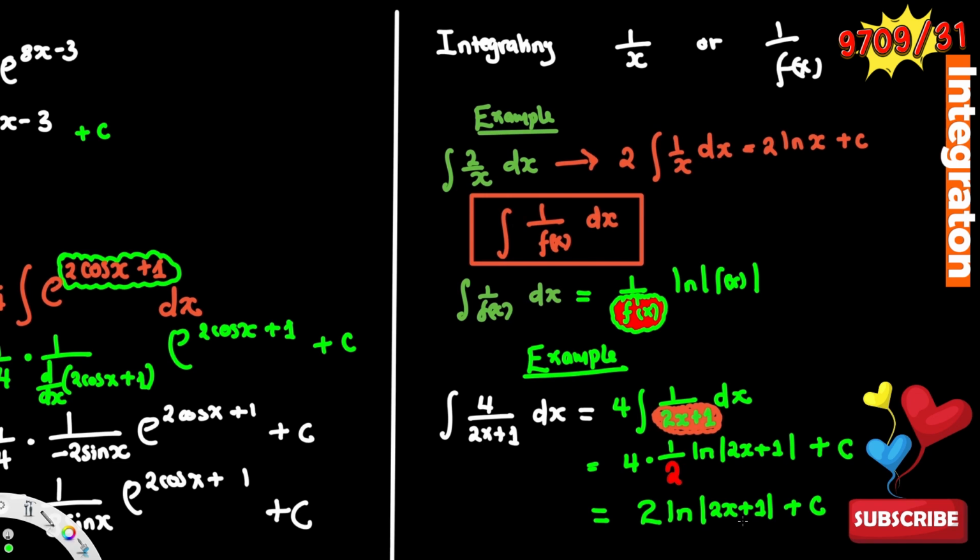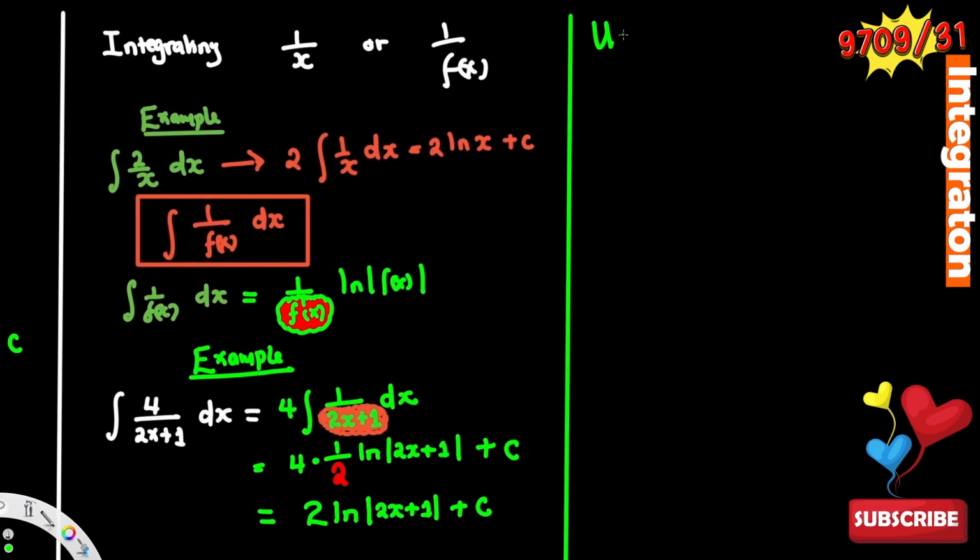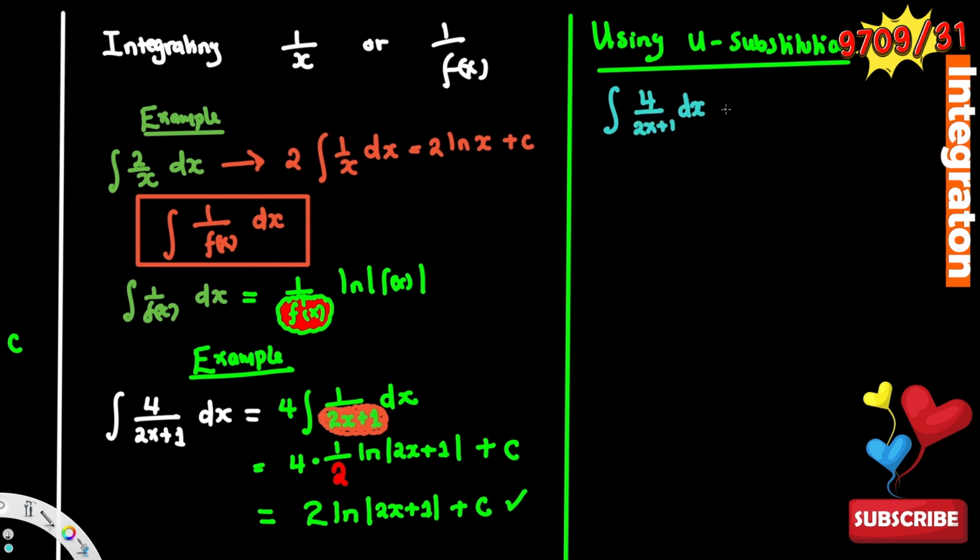All right, so we can move to another concept under integration using u substitution. So how do you use u substitution to do this particular question that we have done? You see we are having the integral of 4 over 2x plus 1. So we can say use u equals 2x plus 1, so that anywhere you have 2x plus 1, you can replace that with u.